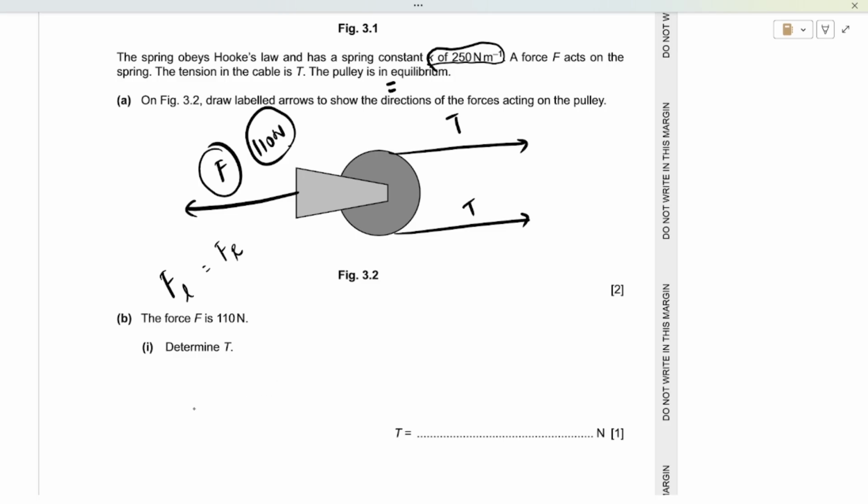The force on the left hand side is 110 Newton, which is equal to 2 times the tension force. So 110 equals 2T, and T comes to be 110 divided by 2, which is 55 Newton. It's the tension force acting on the spring.